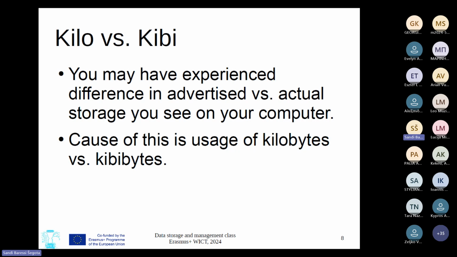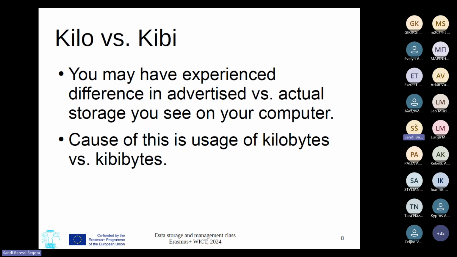You may have heard someone say that 1000 bytes is a kilobyte, but you may also have heard that 1024 bytes is a kilobyte. This is the difference between kilo and kibi. A kilobyte will have 1000, a kibibyte will have 1024. Same goes for megabytes.